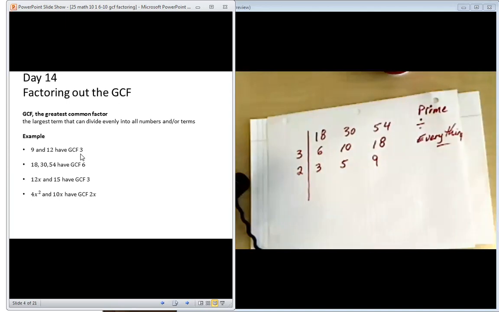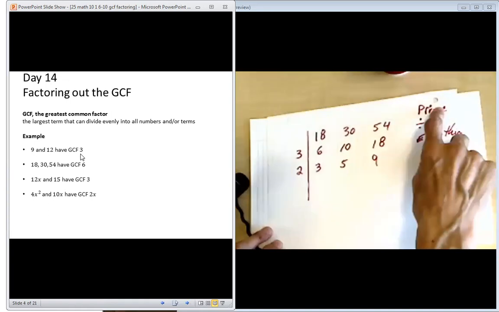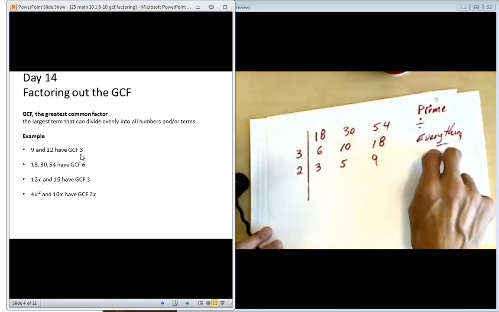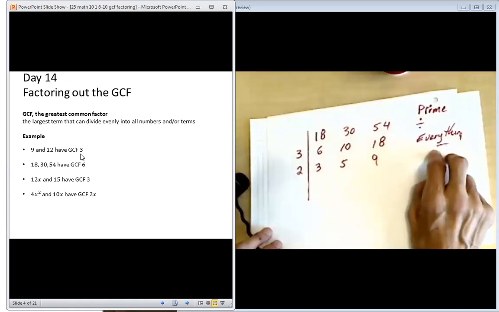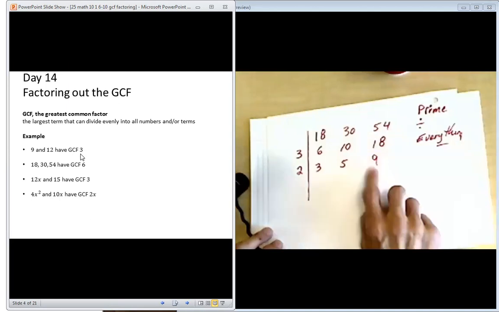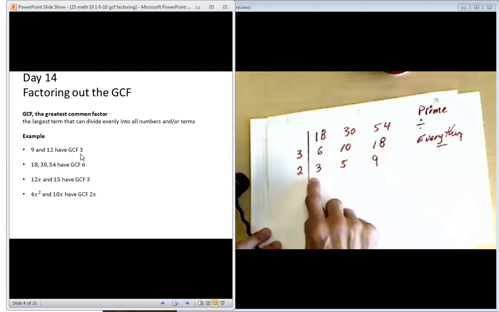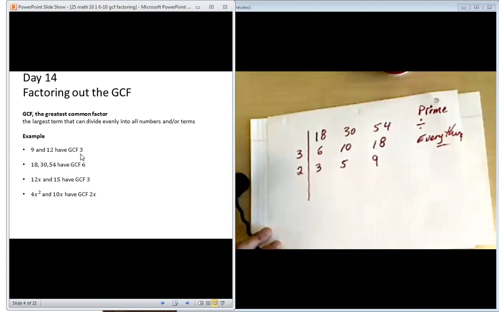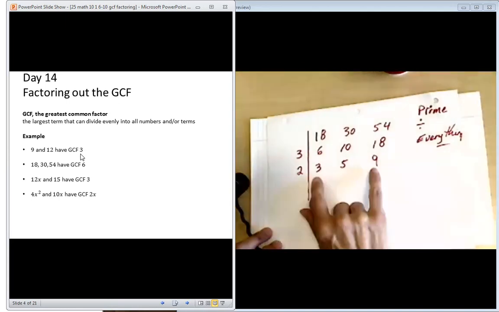Oh, this is an interesting step now, okay. So this is what we got. Is there a prime number now that divides everything? So this is what I'm asking. 9 divides by 3, but 5 doesn't divide by 3. Ah, see? This is why I was asking. 3 divides those 2.